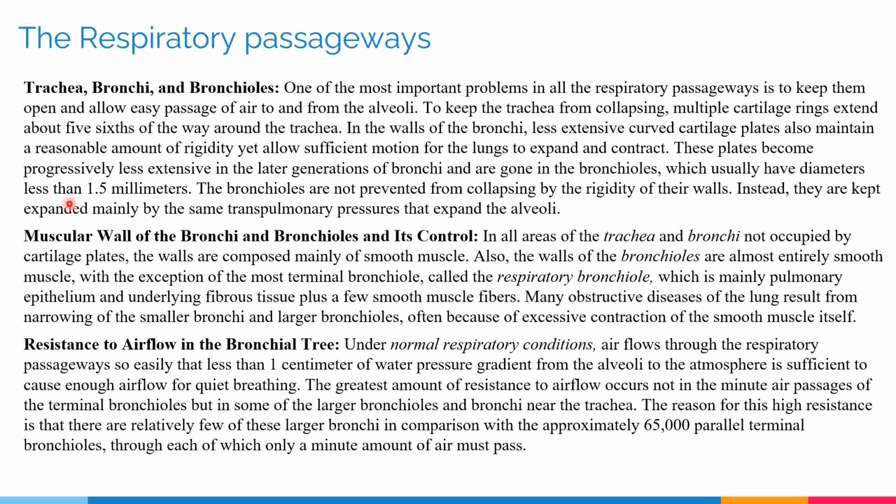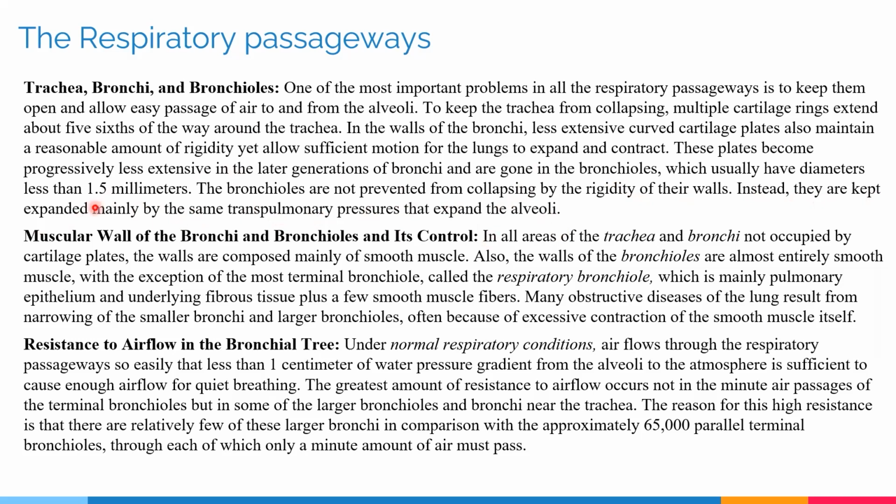These plates become progressively less extensive in the later generations of the bronchi as we progress along the respiratory tree, and are gone in the bronchioles, which usually have a diameter of less than 1.5 millimeters. The bronchioles are not prevented from collapsing by the rigidity of their walls. Instead, they are kept expanded mainly by the same transpulmonary pressures that expand the alveoli.